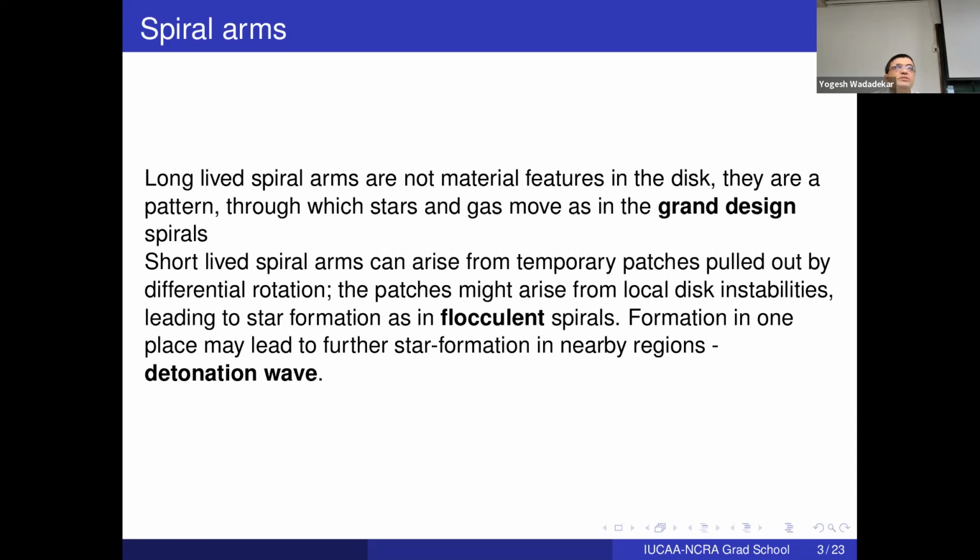And it can lead to enhanced pressure, enhanced densities in the neighboring regions, thereby creating conditions suitable for star formation. So it's like a firework going off, one firework triggering another. That is why it's called a detonation wave. One event of star formation triggers a detonation in a neighboring region.